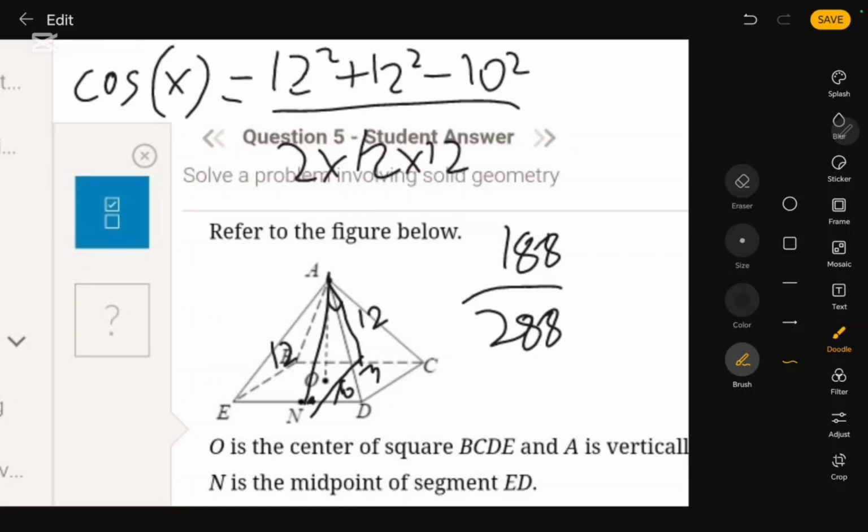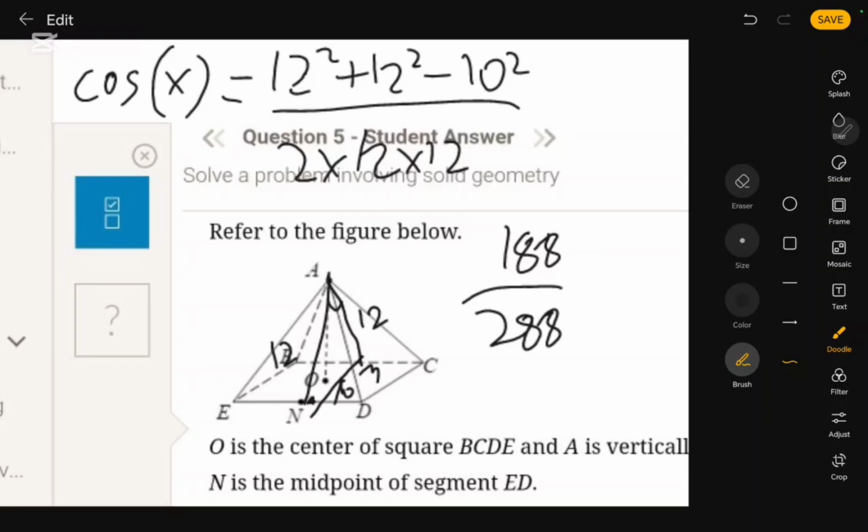So let me just do it on my paper real quick. 188 over 288 divided by 2 is 94 over 144, 94 divided by 2, 47 over 72.